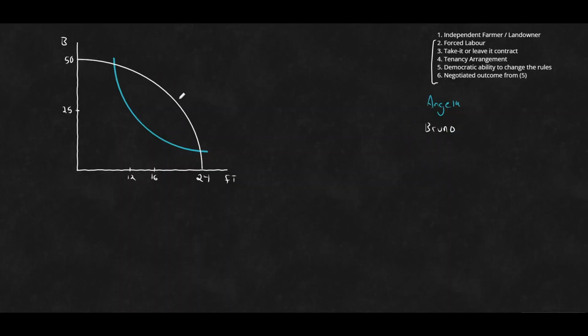So we have our feasibility set in white, and we have the indifference curve in blue. What we start off with is this basic assumption, and this is just a simplifying assumption for us, which is that Angela, the one who has this indifference curve here, has indifference curves, utility curves, that are only increasing in bushels.